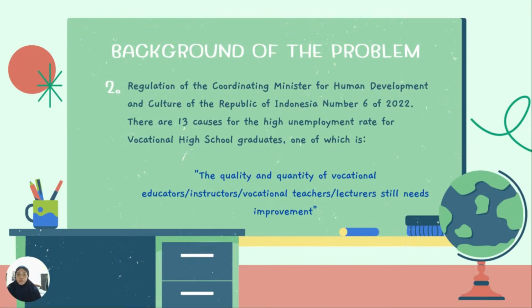And the second, the background of this research is the regulation of the coordinating minister for human development and Culture of Republic Indonesia, number 6 of 2022. There are 13 causes for the high unemployment rate for vocational high school graduate. One of which is the quality and the quantity of vocational educators, instructor, and or vocational teacher.